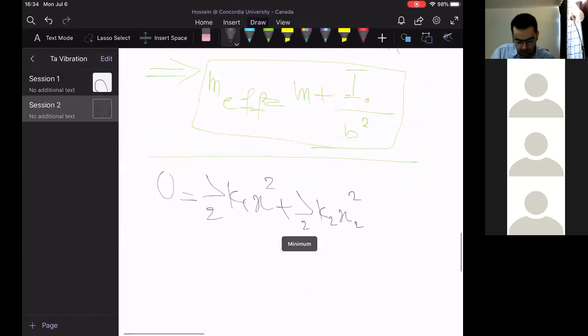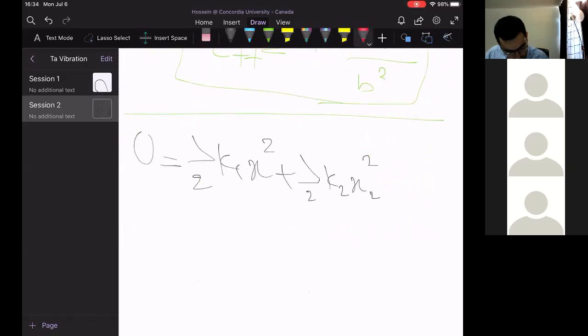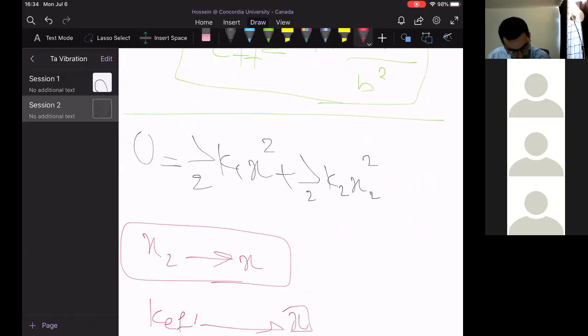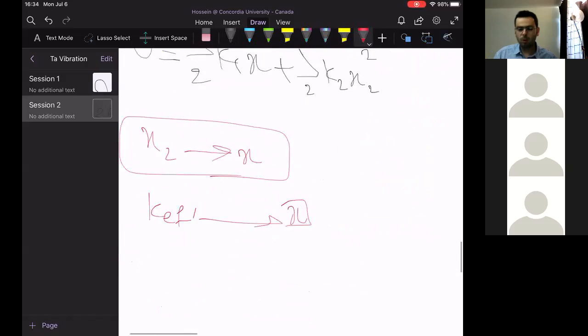You have to change x2 into x, because we are asked to find the effective stiffness at x. So does anybody know how I can relate x2 to x? With theta. Exactly. Thank you for your response.